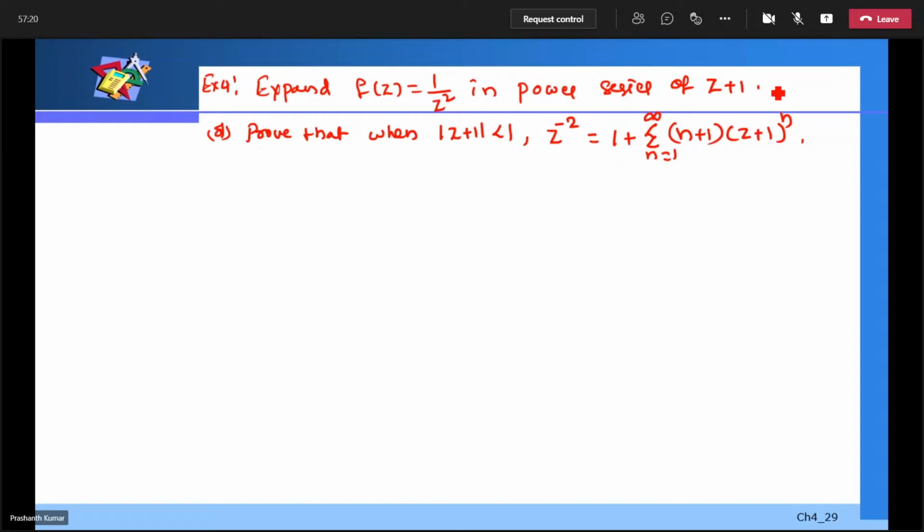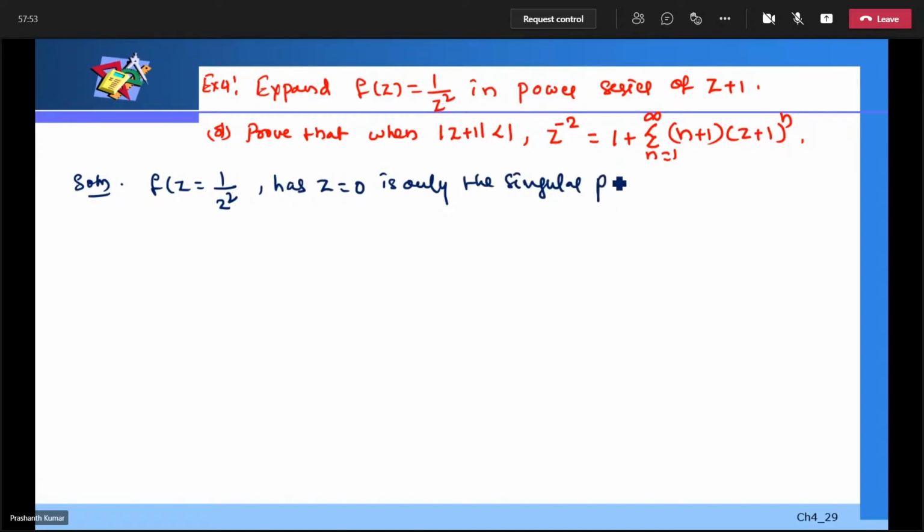So z plus 1, solution. So f of z is equal to 1 by z square, as z is equal to 0 is only the singular point. So that means z plus 1 is equal to 0.